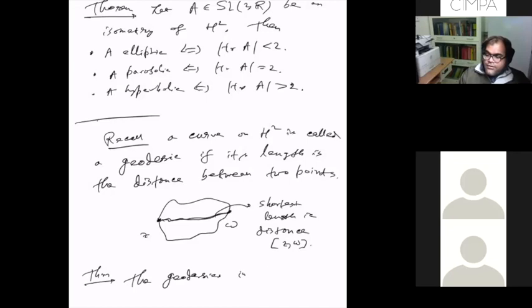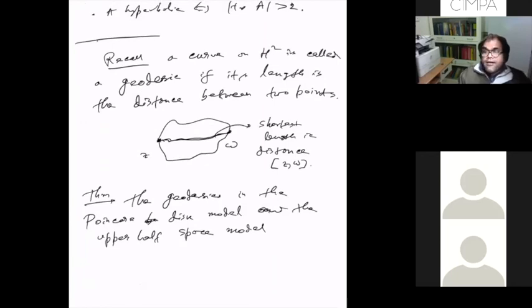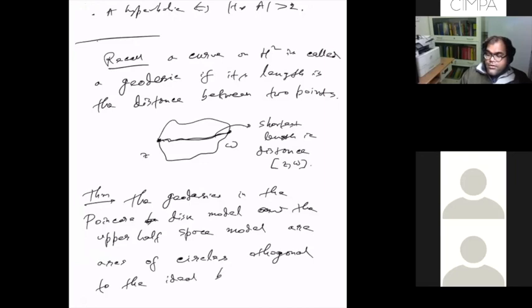The geodesics in the Poincare disk model and the upper half space model are arcs of circles orthogonal to the ideal boundary.